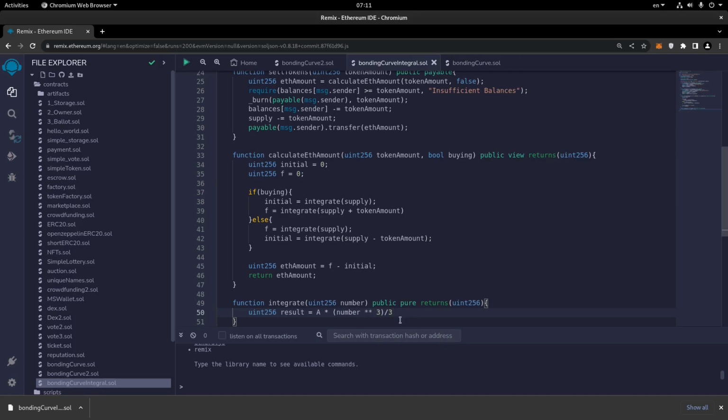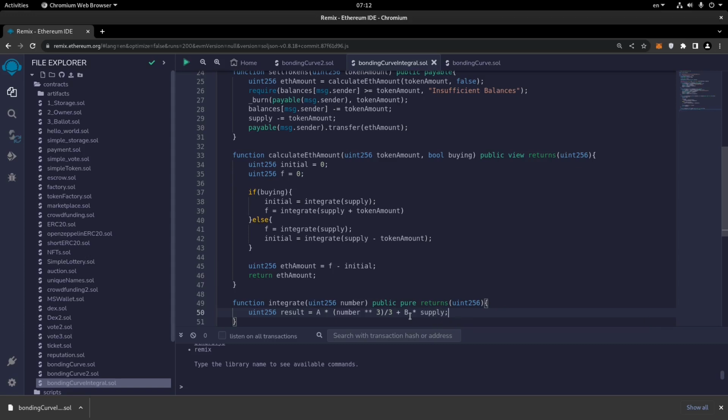So this is the integral of a multiplied by number to the power of 2. So the integral of this sentence will be this one. So the power will increase and it will be divided by the power that increases, right? And for the next sentence, it was b, it will become b multiplied by supply.